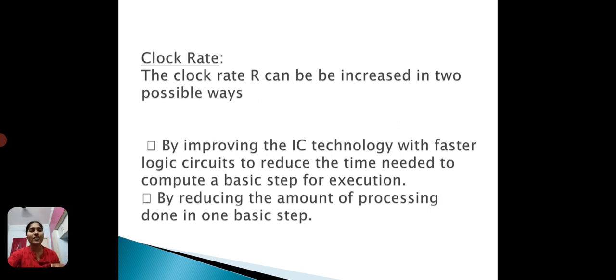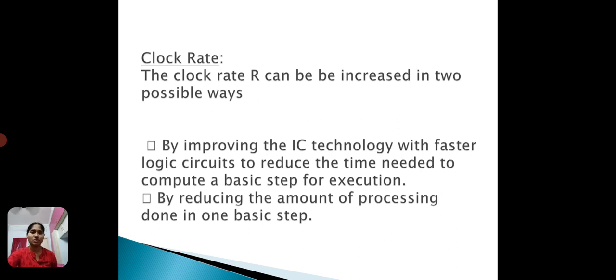The clock rate R can be increased in two possible ways: by improving the IC, integrated circuit technology, with faster logic circuits to reduce the time needed to compute a basic step for execution, and by reducing the amount of processing done in one basic step.